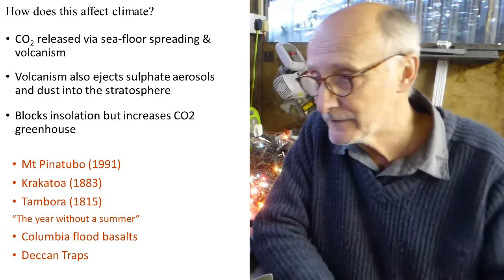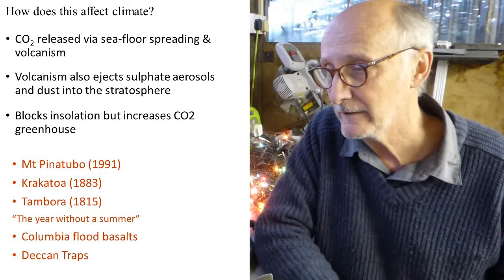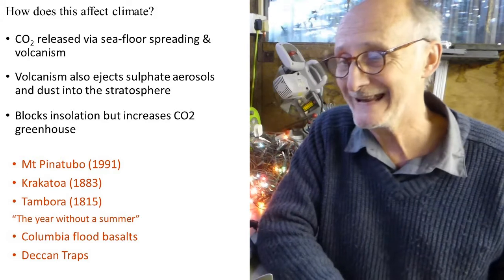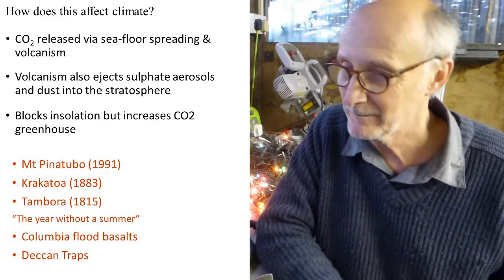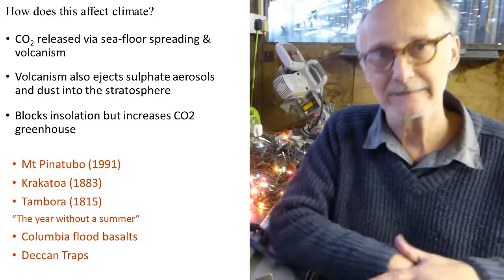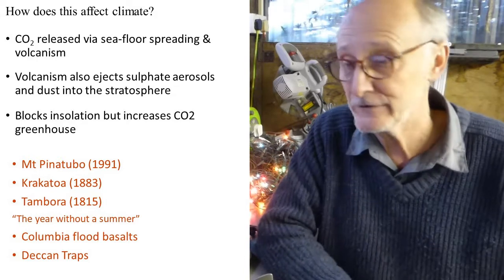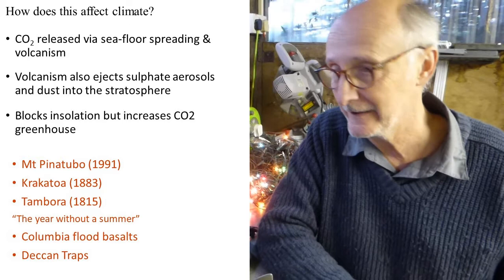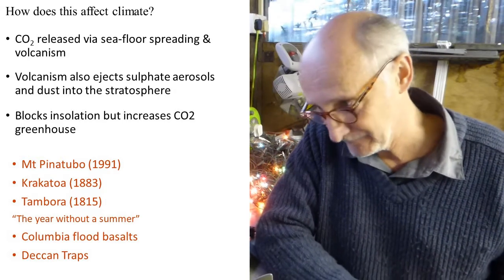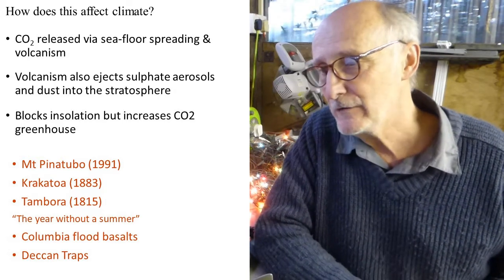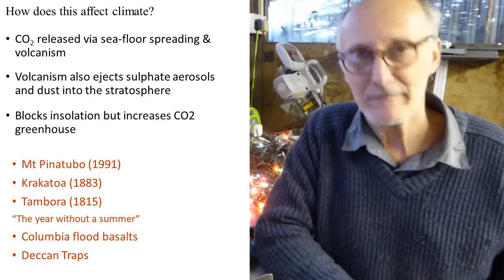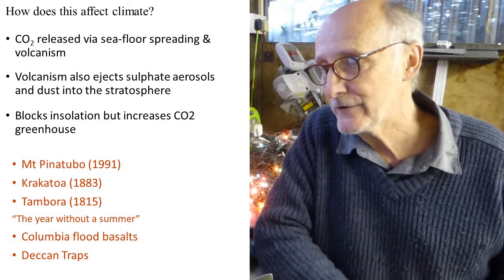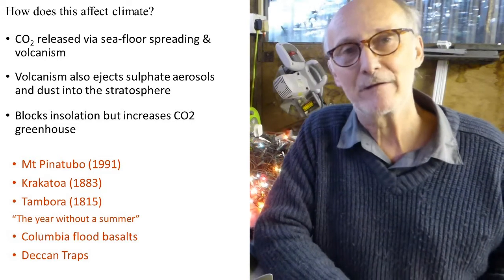And by comparison, the two I put at the bottom of the list there, the Columbia River flood basalts and the Deccan Traps, were periods of volcanic activity and areas of volcanic rock produced during that activity in the northwest part of North America and in India. Those flood basalts created huge impacts on climate.